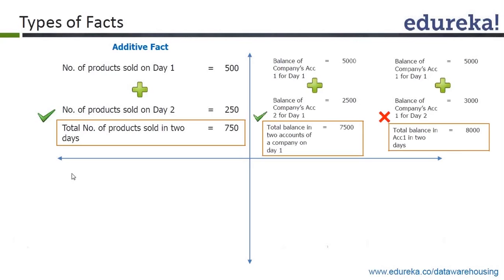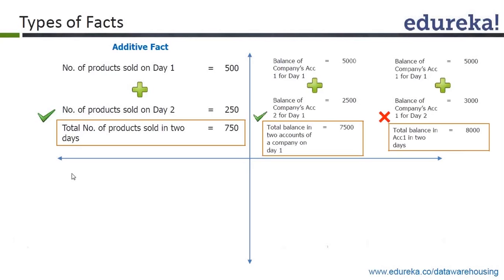You cannot add it: if today you have 1,000 rupees, and tomorrow you have 2,000, then you cannot really say that you have 3,000. You have only 2,000. So you cannot add the balance together from different days to get the total balance which you have now.